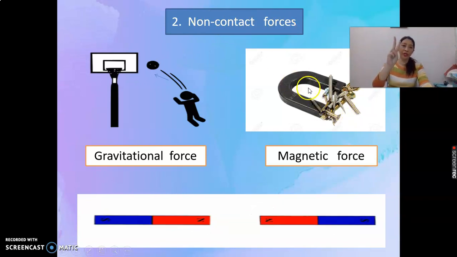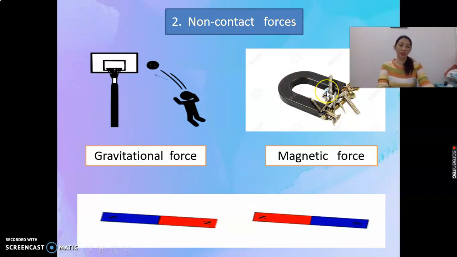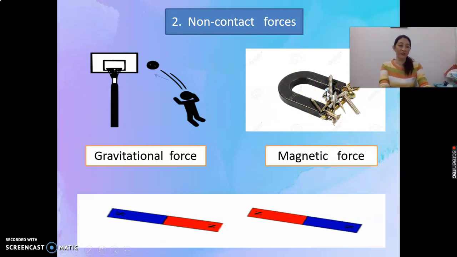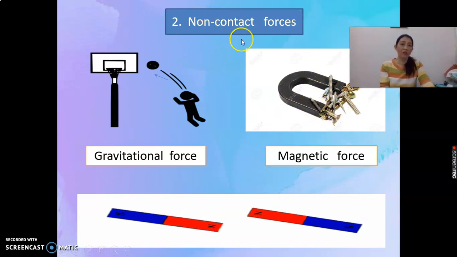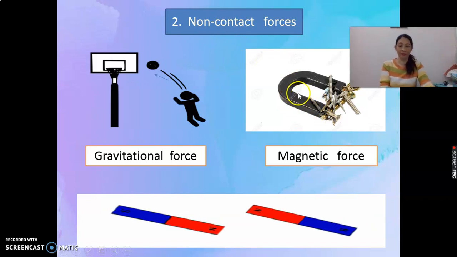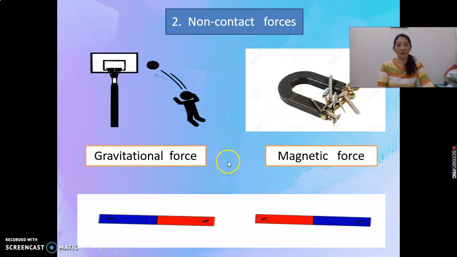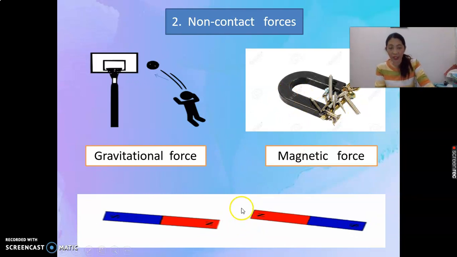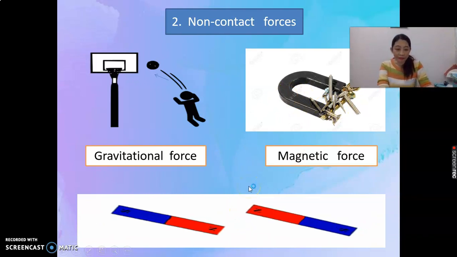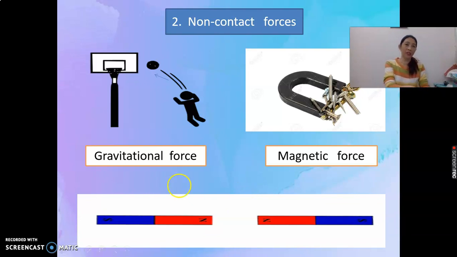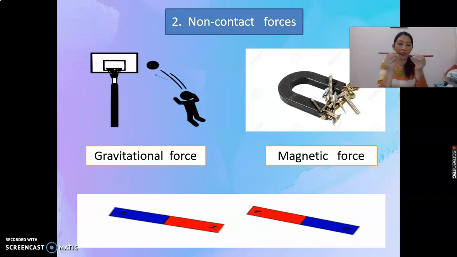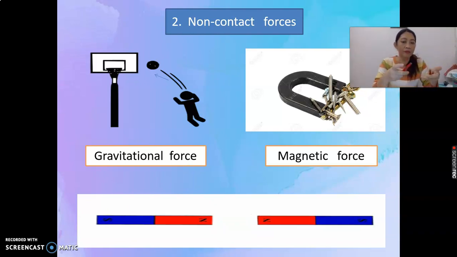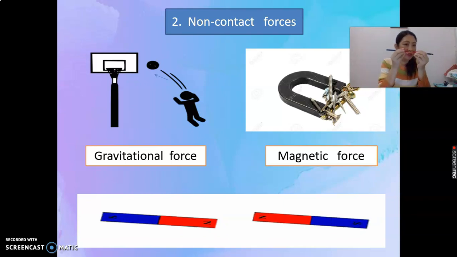Number 2 example is magnetic force. Magnetic force is another example of non-contact forces. The next example is the same poles, south pole and north pole.